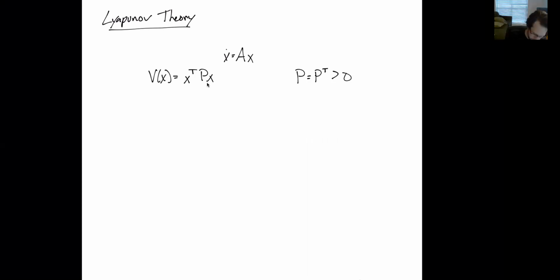Okay, so what is the derivative of V? As I showed you before, x transpose P x dot plus x dot transpose P x is the derivative, which is equal to x transpose (PA plus A transpose P) x, right?